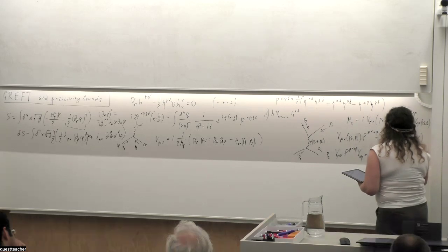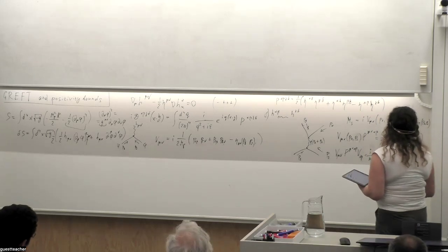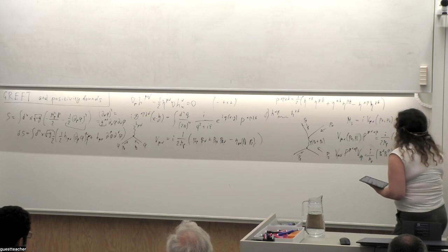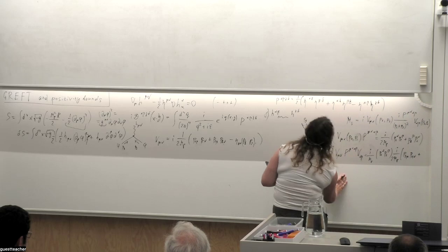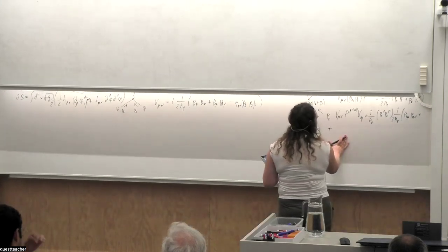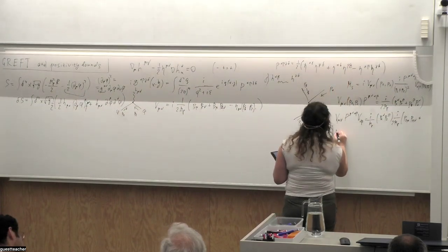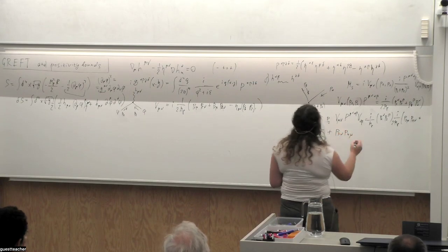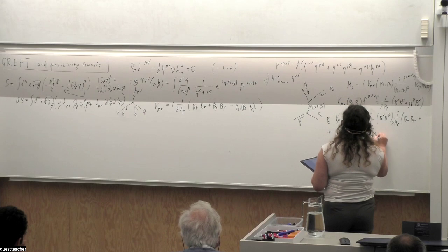So it should be i over 2 Mp, and here a combination of momenta P3 mu P4 nu plus P3 nu P4 mu, and minus eta mu nu P3 P4.